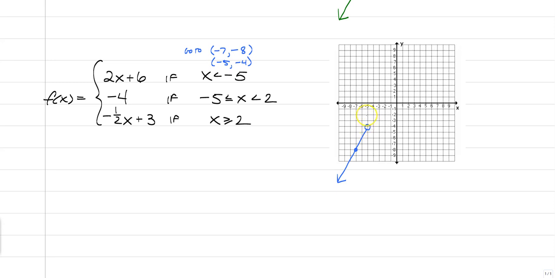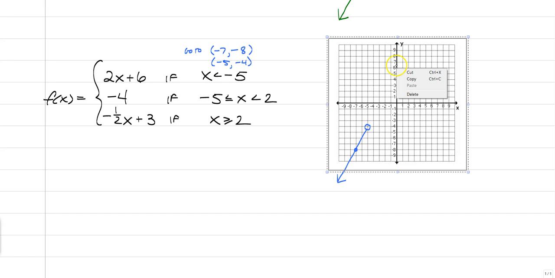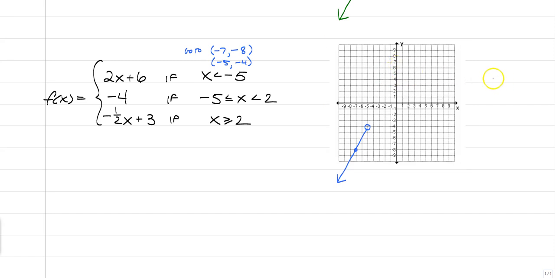And then if you were to continue to do this, you would land at 0, 6, which would be your intercept. So if we were to continue, which we don't want to, you would see that it's just the graph of the line 2x plus 6, but we only graph it less than -5.